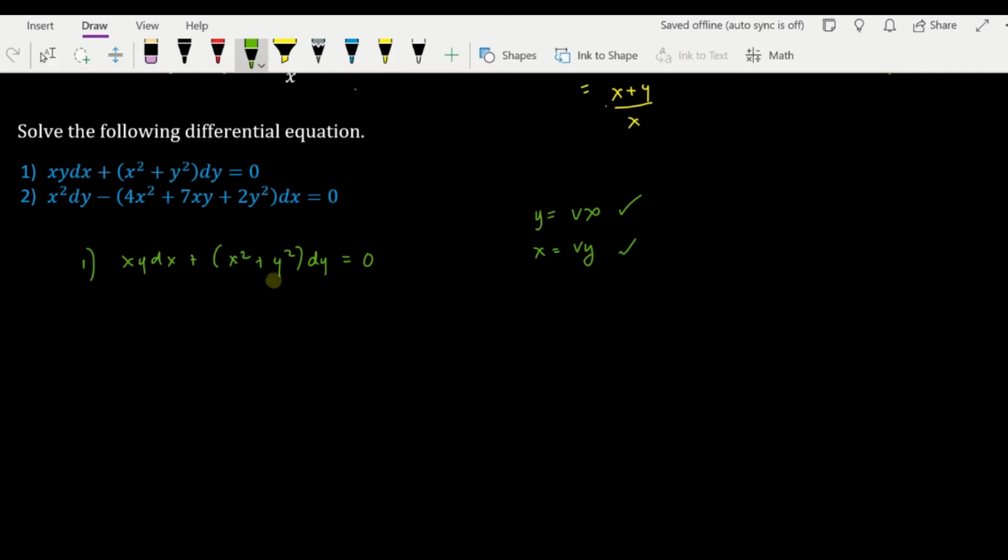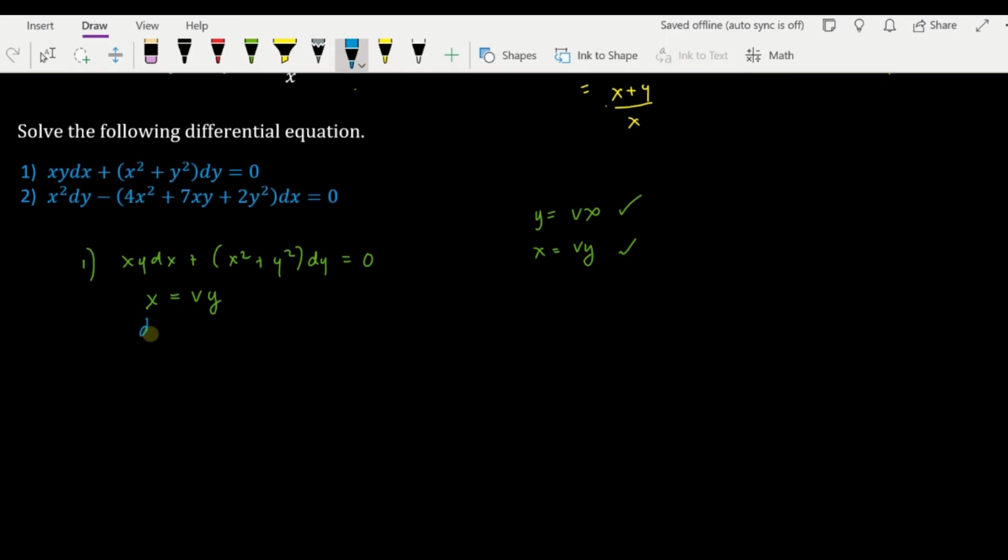So, kapag dx, ang gagamitin mo ay yung x equals vy. Pero kapag ito ang kokonting term, so dy, ang gagamitin mo ay y equals vx. So, ito ang mas konting term, yung xy dx. So, ang substitution natin ay x equals vy. So, and then, kunin natin ang derivative nito.